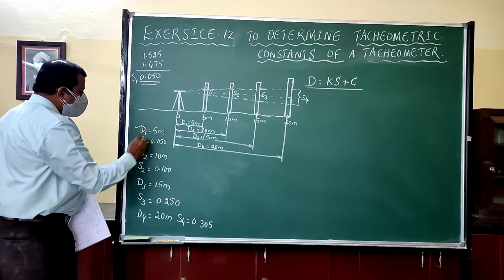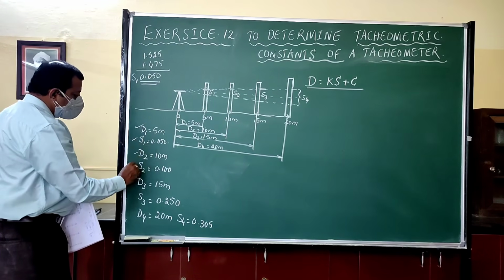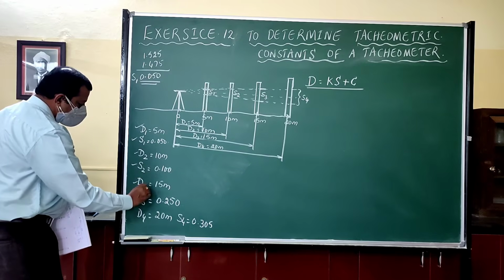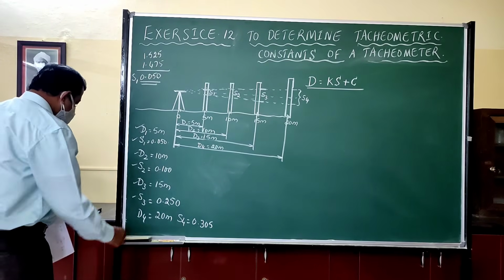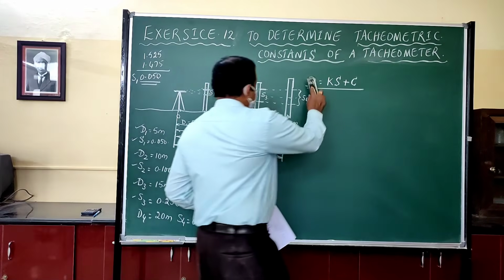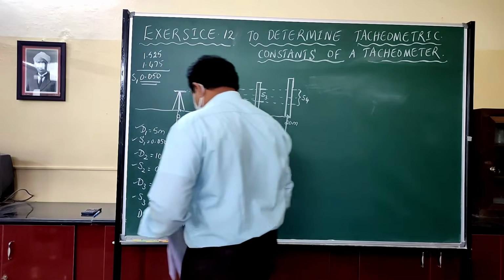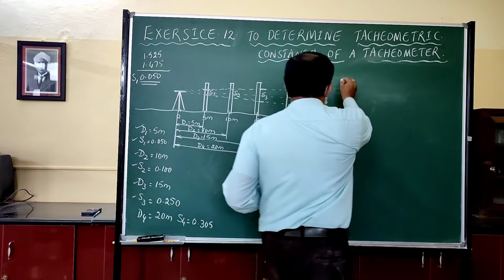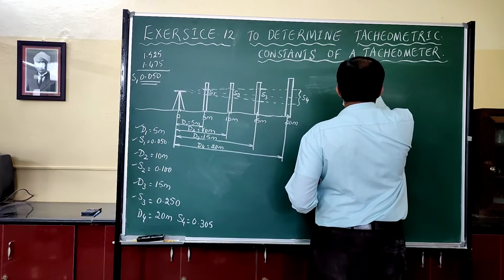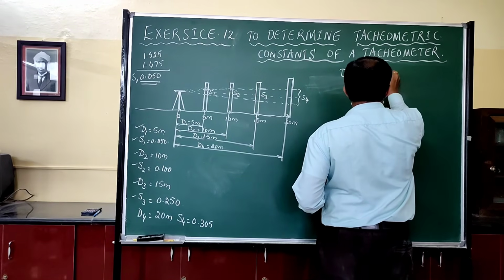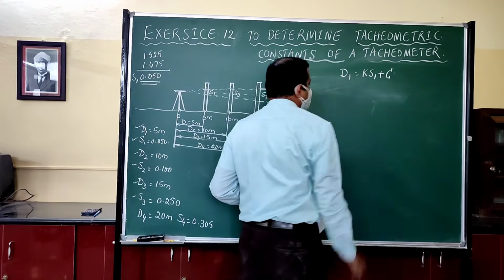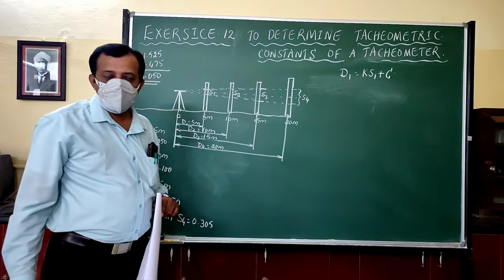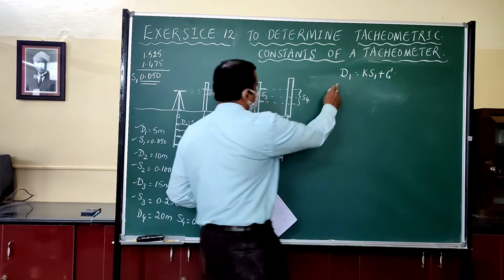So, we know the distance D1, we know S1, we know D2, we know S2, we know D3, we know S3, we know D4 and we know S4. Now, let us frame the simultaneous equations. D1 is equal to KS1 plus C. This is a formula for finding the horizontal distance D for a horizontal sight.